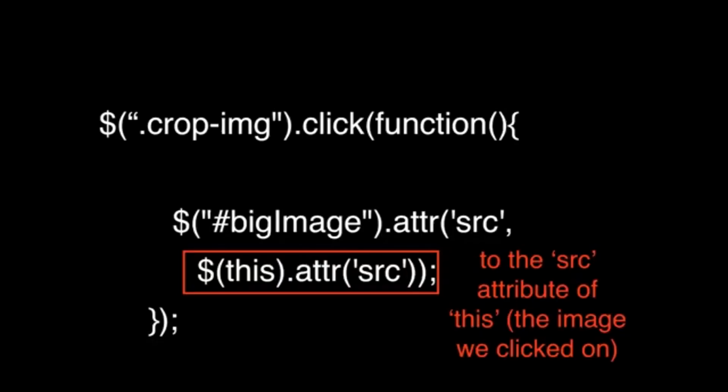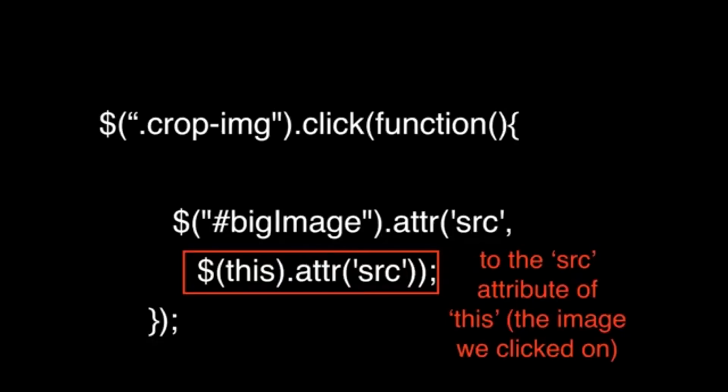And we're then setting the source attribute of the big image to be the same as the small image. That has the effect of setting the actual image of the big image to the image of the small image we clicked on. We're just copying the source attribute across. So that's quite a nice feature.